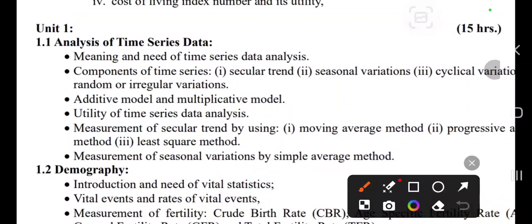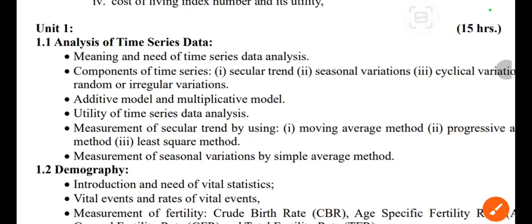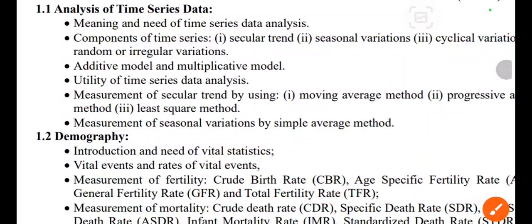The first subunit is related with analysis of time series data and the second one is demography. Normally the time series data is related to business and industry, whereas vital events and demography are related with the census.